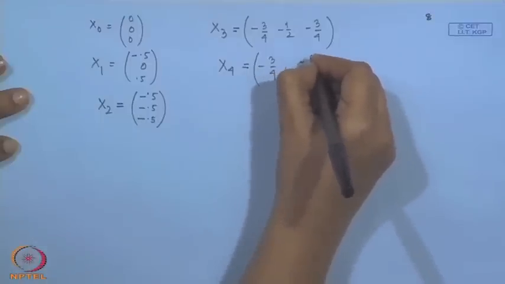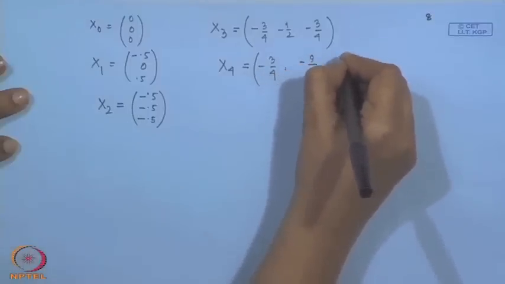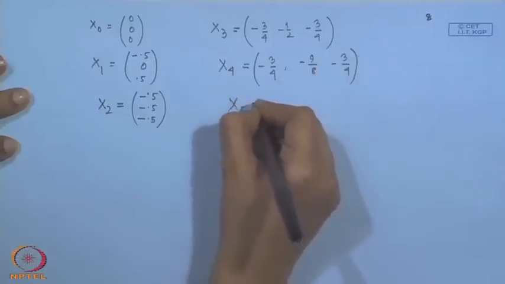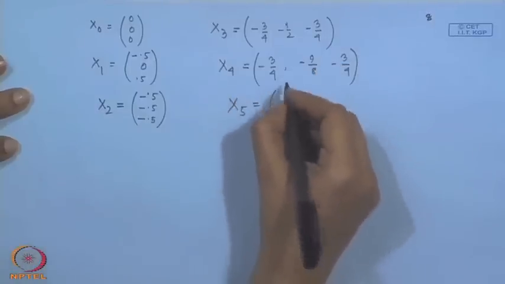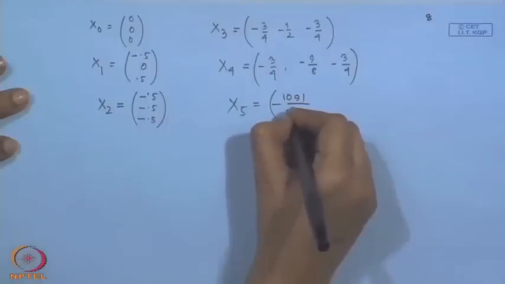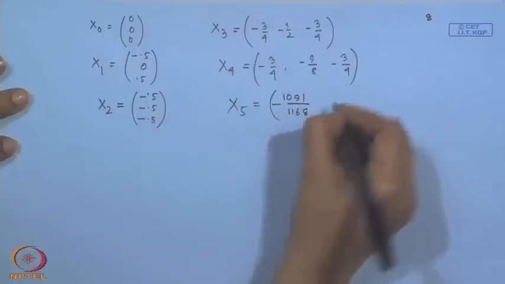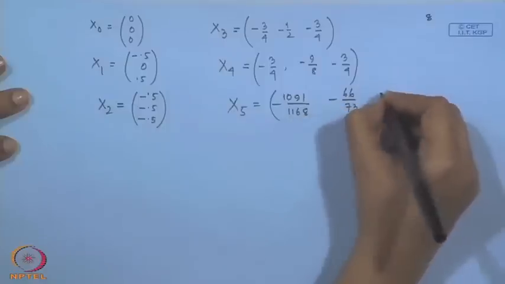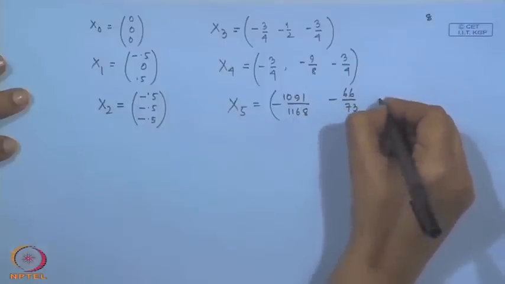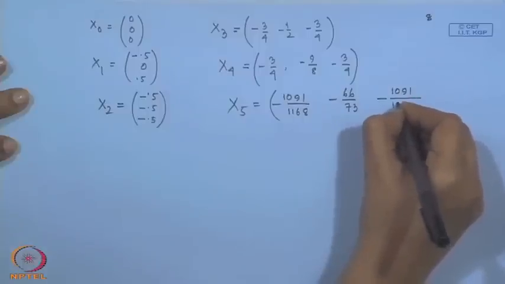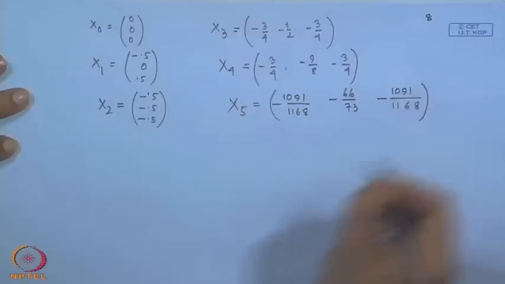minus 9 by 8, minus 3 by 4, and x 5. This is the last point of iteration. This value is coming minus 1091 divided by 1168, here minus 66 by 73, and here minus 1091 divided by 1168.